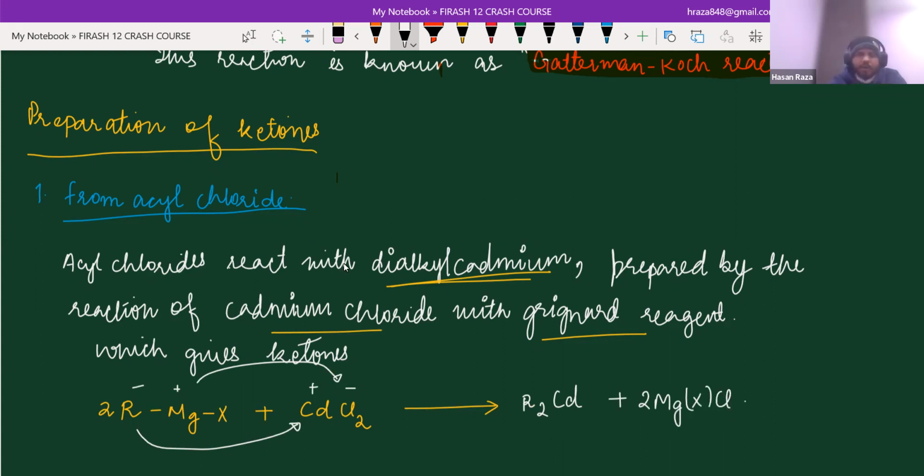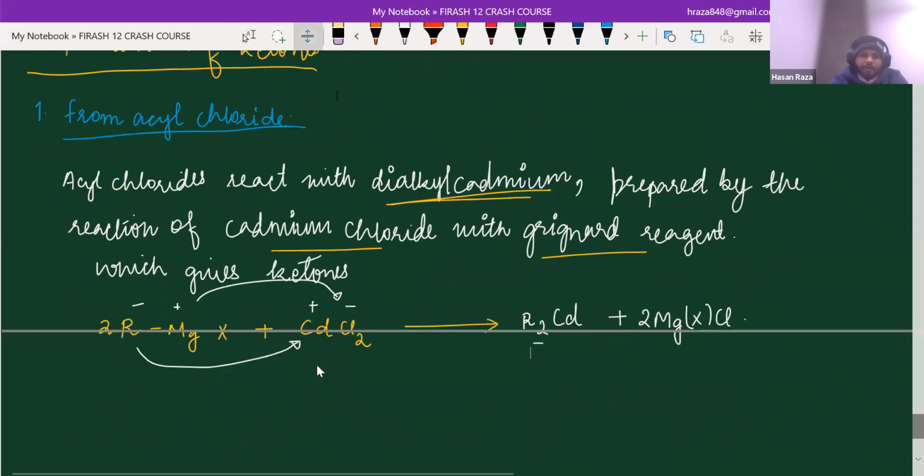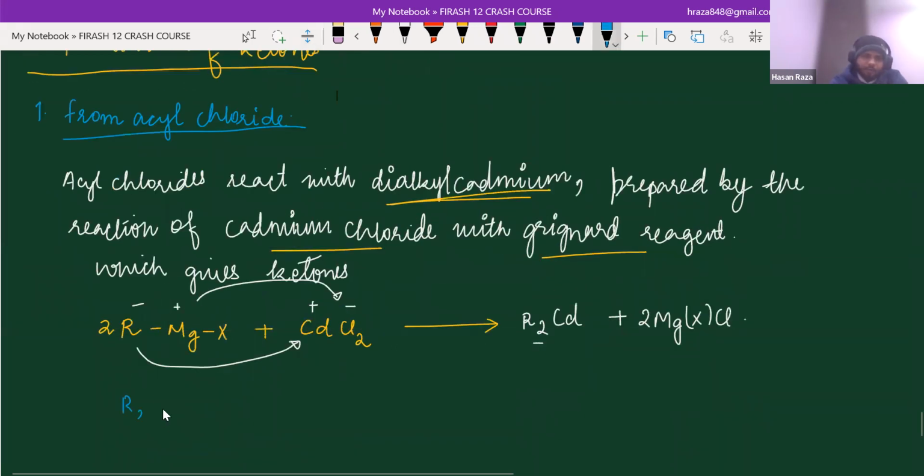So we just prepared dialkyl cadmium, and after preparing it, we are going to react this dialkyl cadmium with acyl chloride. This is your acyl chloride. You need to take 2 moles of this in order to balance it.